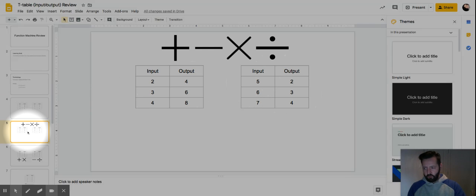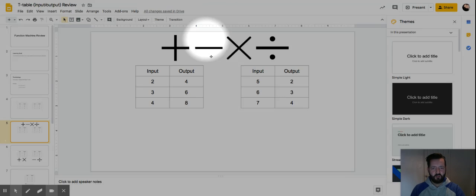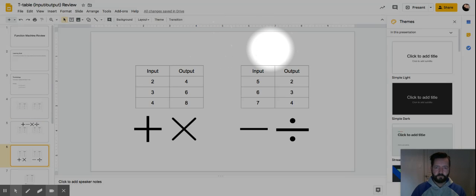Now, function machines use one of the 4 operations that we've learned about so far in school, either addition, subtraction, multiplication, or division. And 2 of these operations we can use to make numbers bigger, and 2 of these operations we can use to make the numbers smaller. So let me just go ahead and arrange these properly for you.